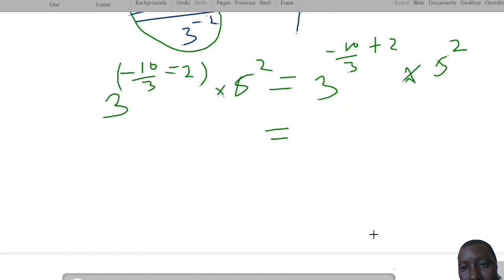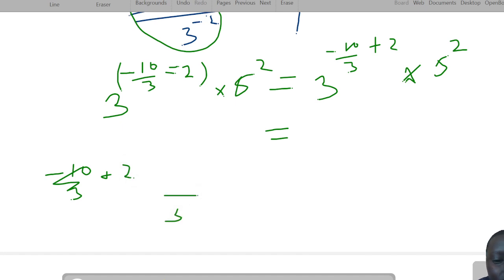Remember, negative 10 all over 3 plus 2, the LCM is 3. Then this should be negative 10 plus 6.